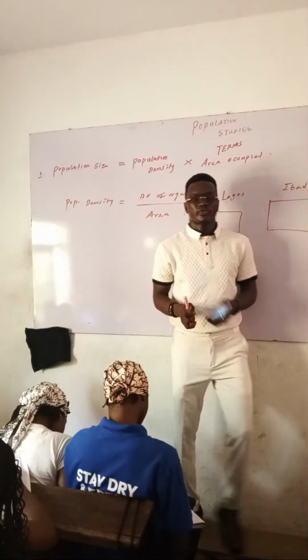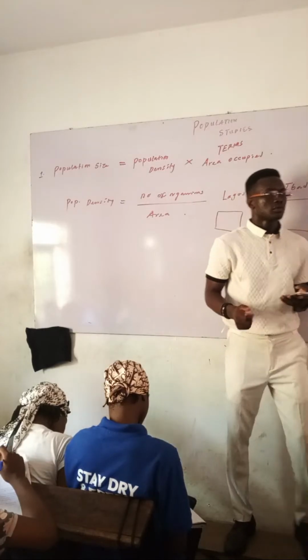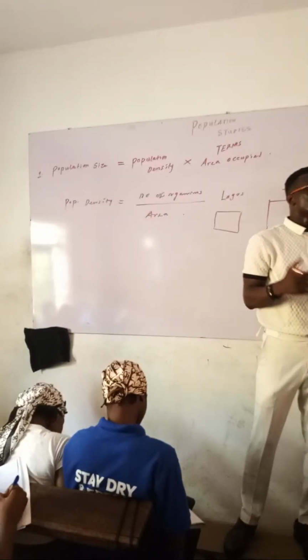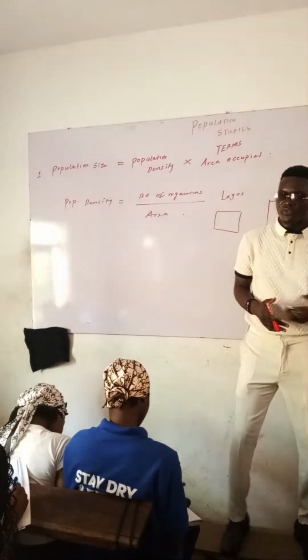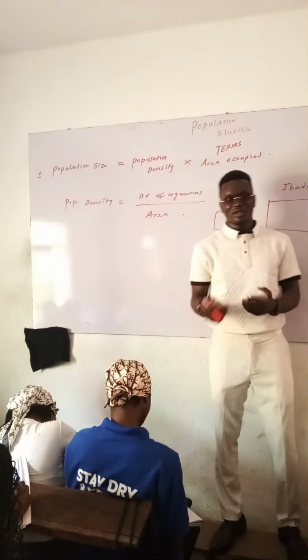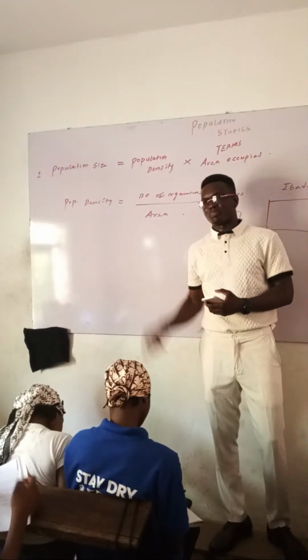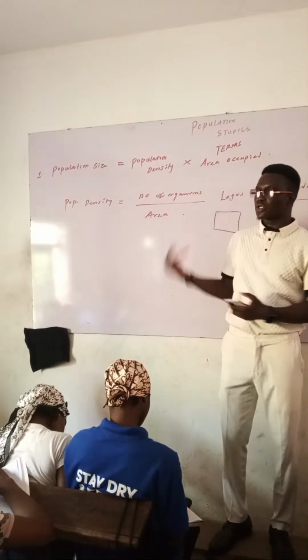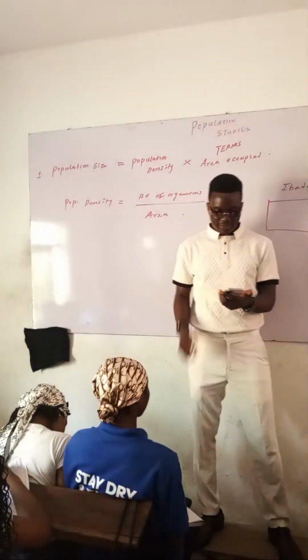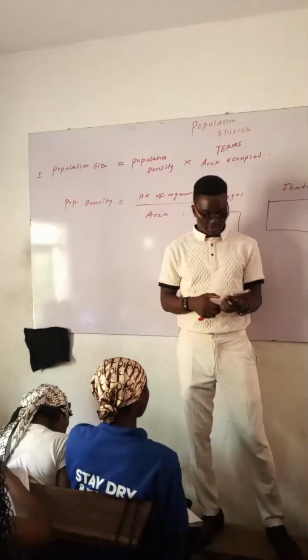That is, the total number of individuals or organisms of the same species over the area, the ratio per unit area.